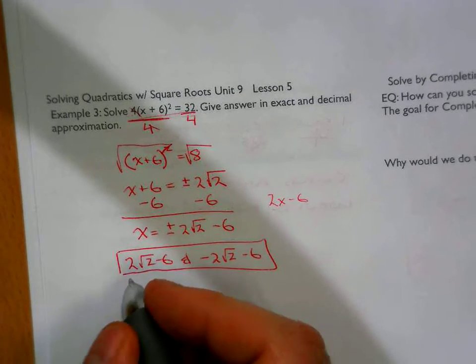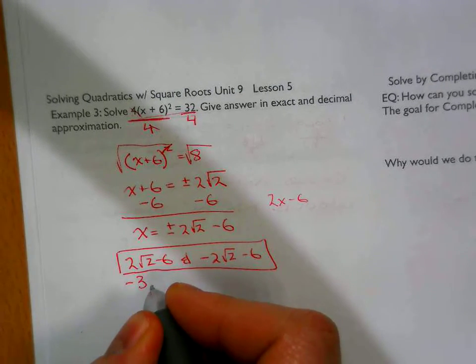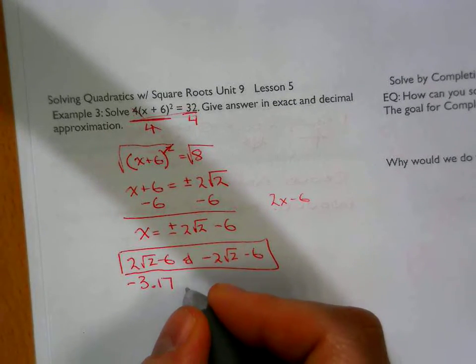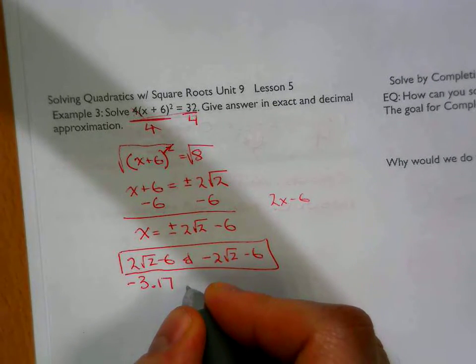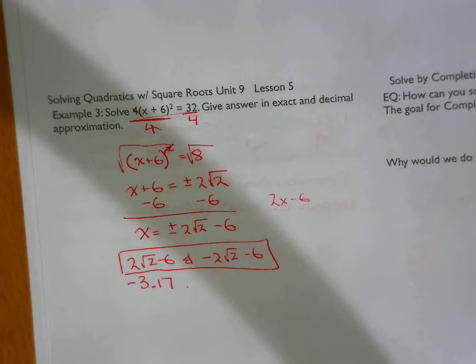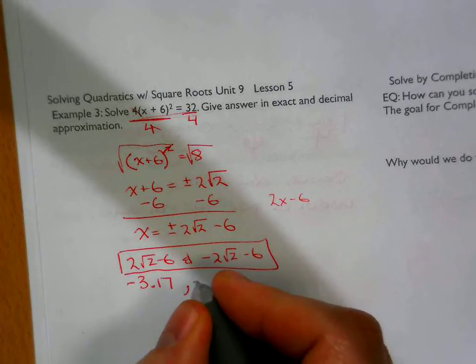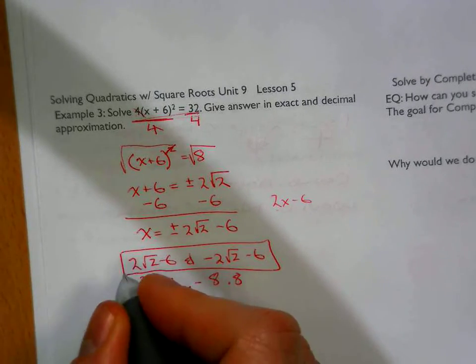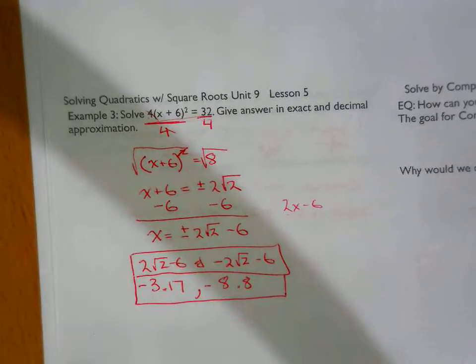Well, that's going to be negative 3.17, and then if I had the negative version, well, let's see, negative 2 times the square root of 2 minus 6 as well. Now I've got negative 8.8. Okay, so there we go. I want you to be able to give it to me in both forms.